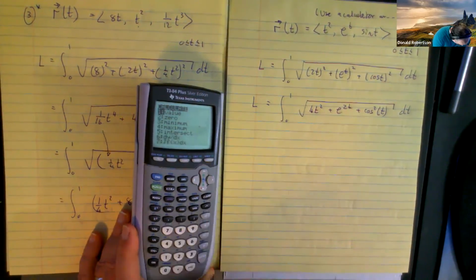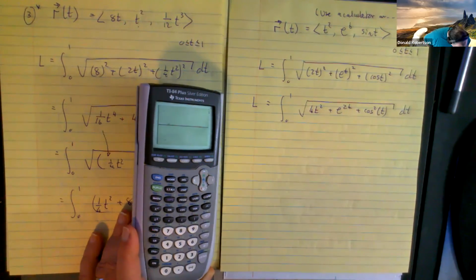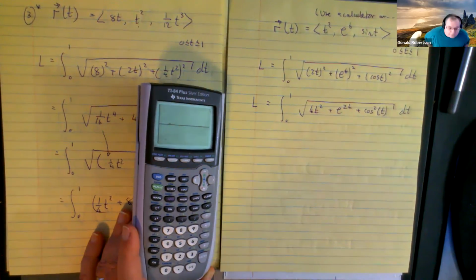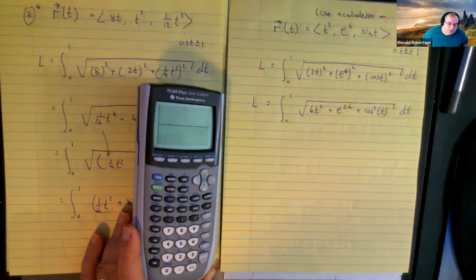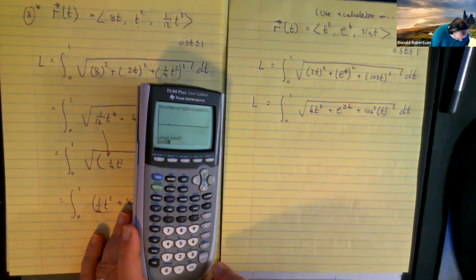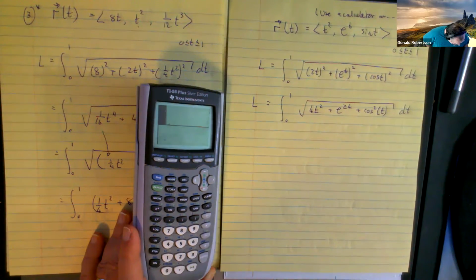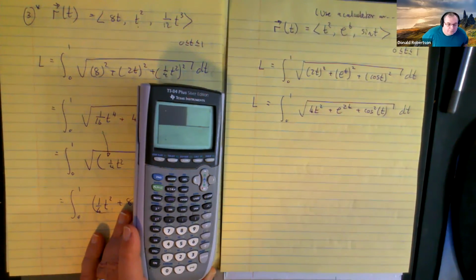Second calc, choice number 7. If you hear a pig being killed, oh, okay, lower limit is 0, upper limit is 1, hit enter. I should have done a zoom effect, but don't worry about it.